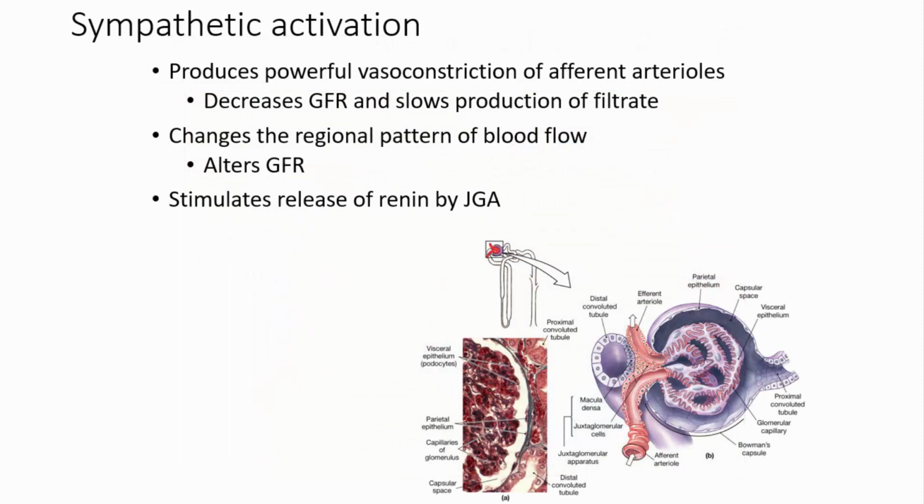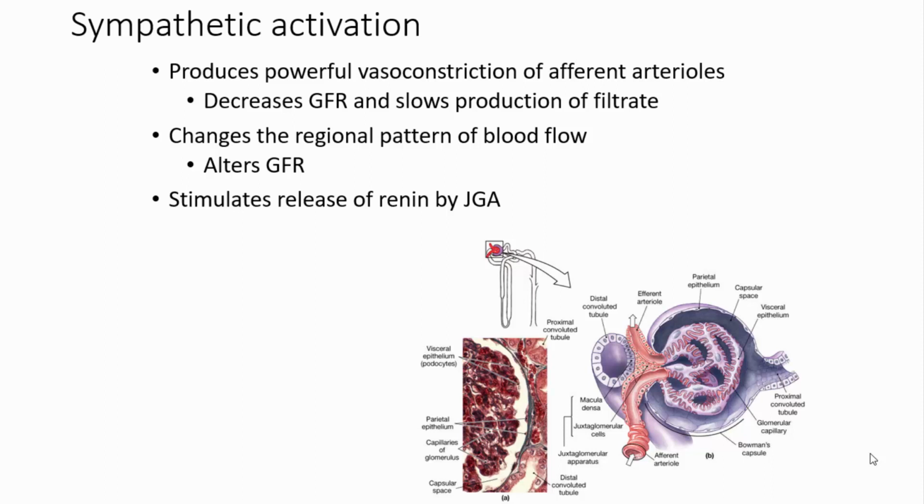Sympathetic activation produces powerful vasoconstriction of afferent arterioles. Remember the afferent arterioles? We have some smooth muscle there. We can constrict that down. That would be like if you had a water hose going into your garden, and you took a clamp and started screwing that clamp down onto the hose.